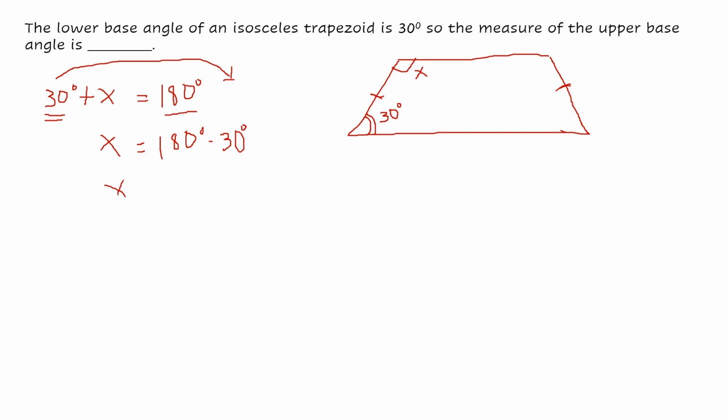So you get x is equal to 150 degrees. Therefore, the measure of the upper base angle is 150 degrees. So that's the answer.